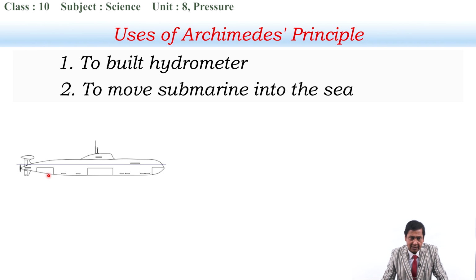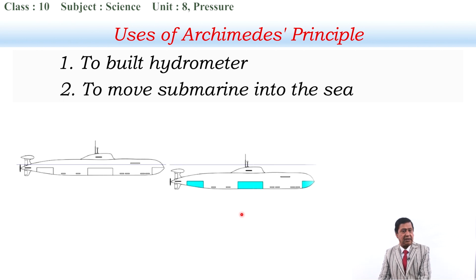And these are the water tanks, which are also called blast tanks. If this water tank is filled with water, it becomes heavier than before. Now the upthrust cannot support this submarine to make it float. It goes down because the weight is more, because this blast tank is filled with water.